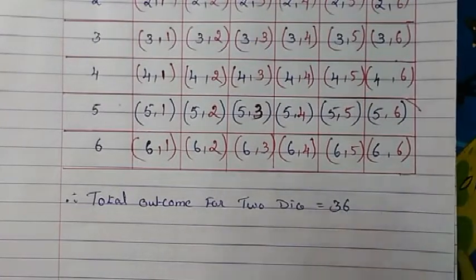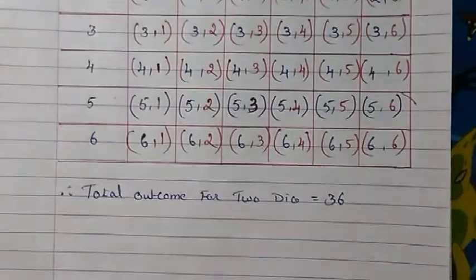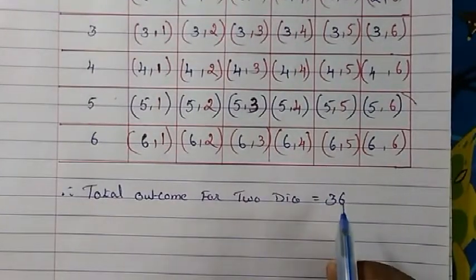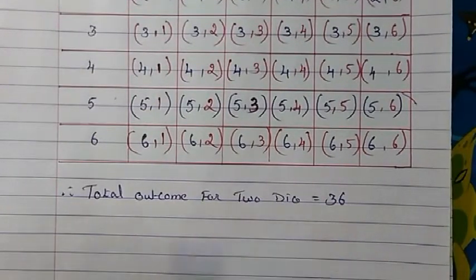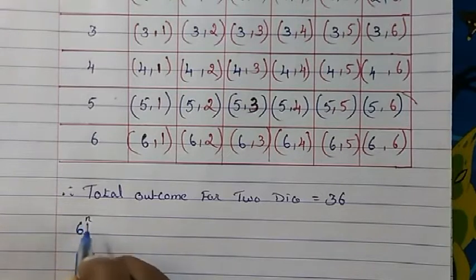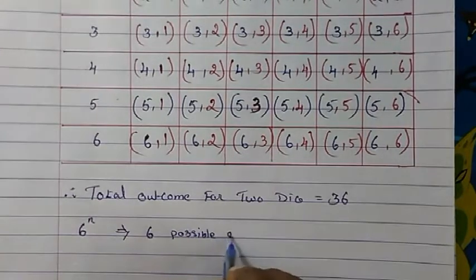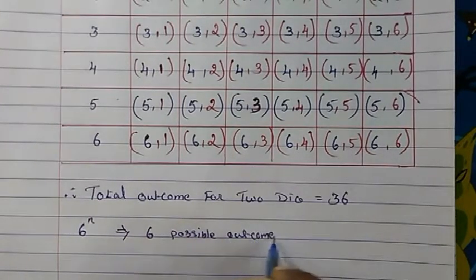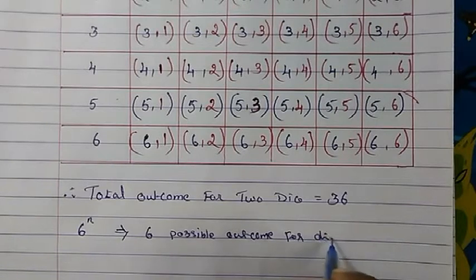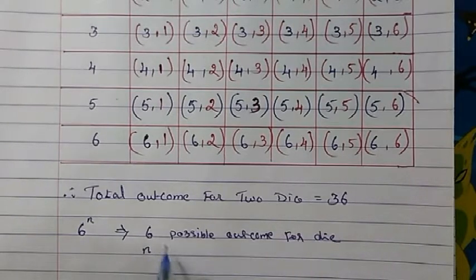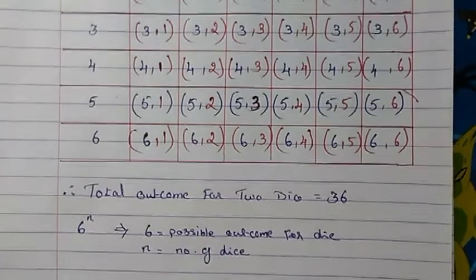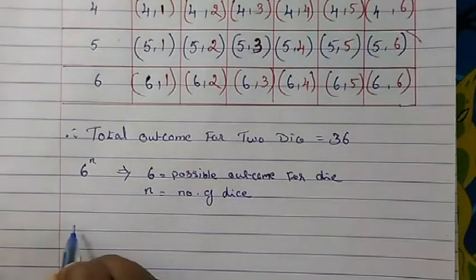So the total outcomes for 2 dice is 36. Now for this 36, there is also a shortcut formula to find it, that is 6 raised to n. Here 6 stands for the possible outcomes for a die, and n stands for the number of dice.